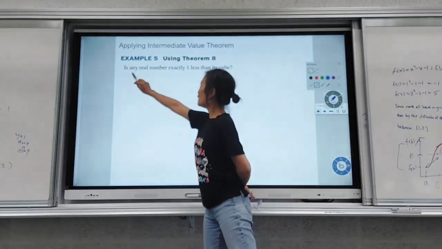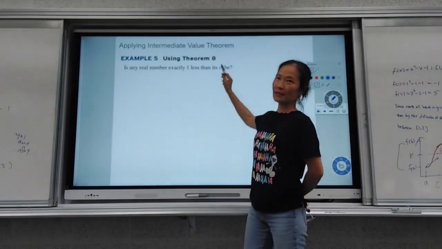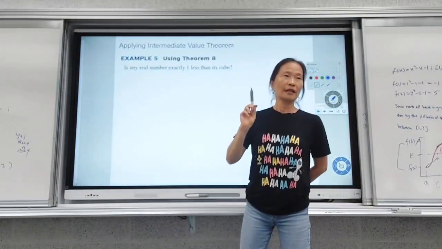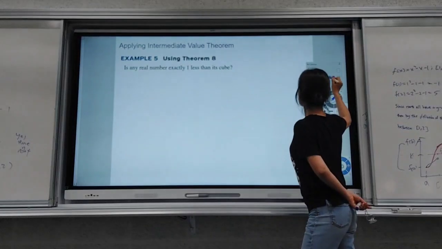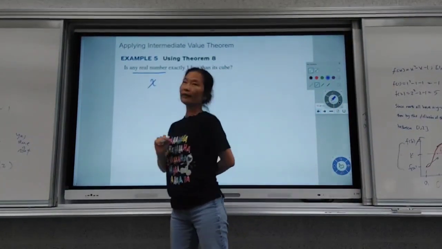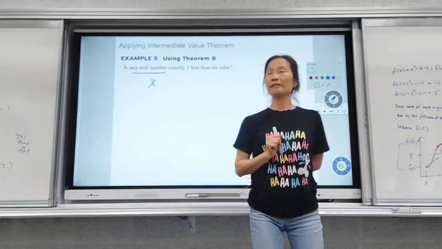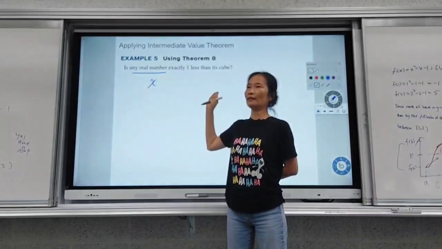If I ask you, is there any real number exactly 1 less than its cube? Can you come up with an equation for this? Any real number, and let the real number be x. Can you translate this sentence into an equation?